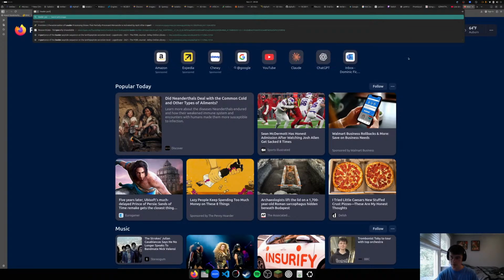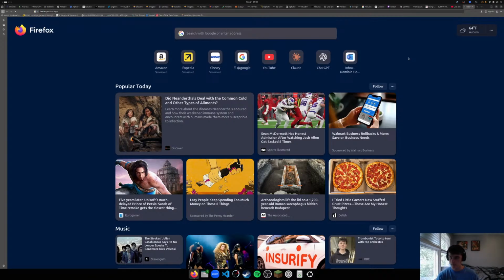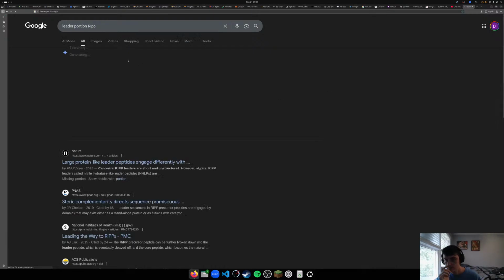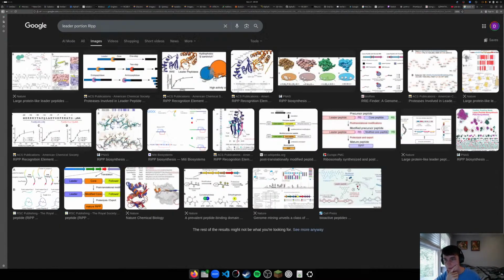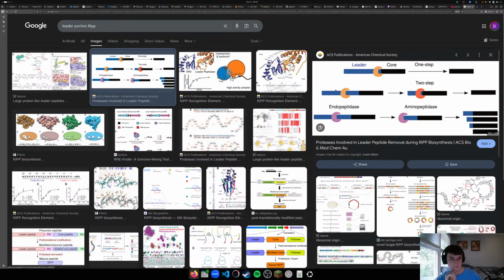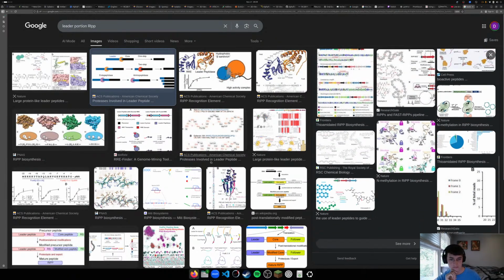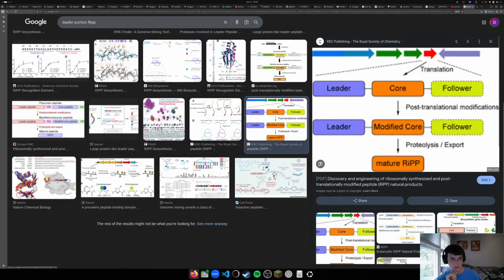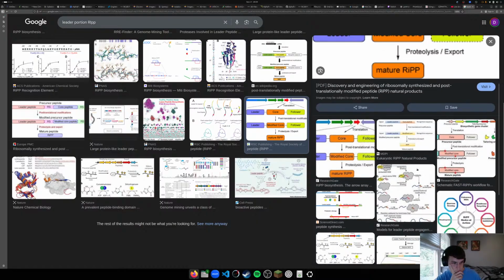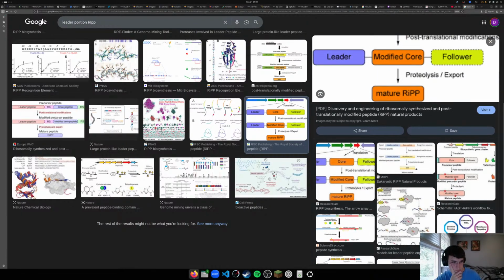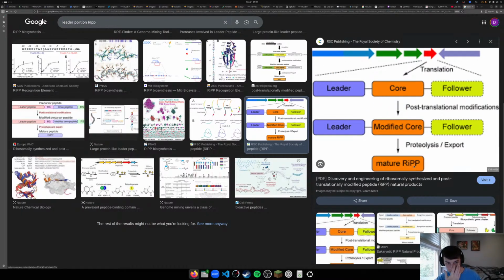Leader, portion, RiPP. Oh my god, why is this taking so long? Because I'm downloading something. Something like this, or this. I like this one.